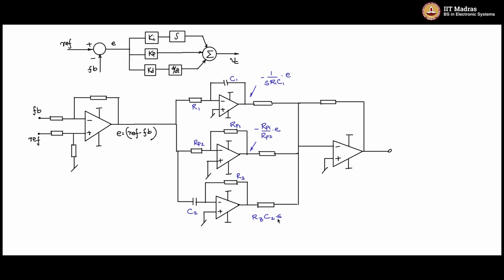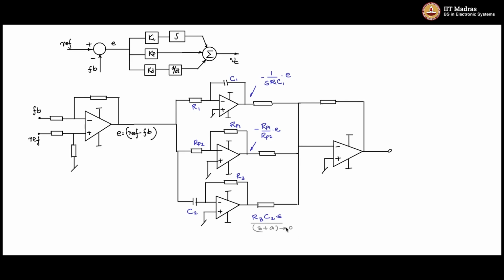And you see that this is the idealized gain. This is not the actual gain. The op-amp acts as a low-pass filter, which means that there is a pole. So this is not actually, as I am showing it here, just a numerator 0 at S equal to 0. There is a pole in the denominator, which will make it a practically realizable circuit because the op-amp has an internal pole.